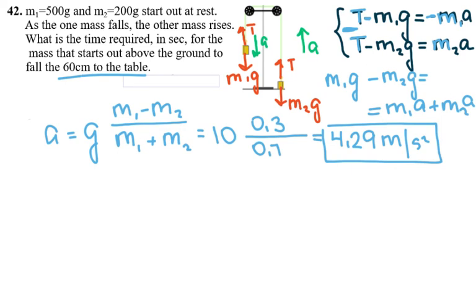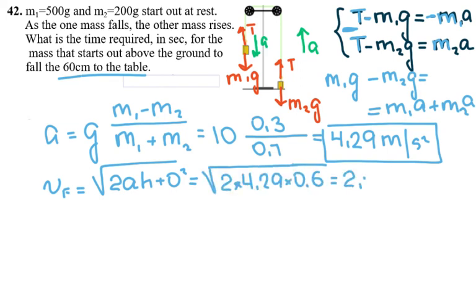The final velocity is equal to the square root of 2 times the acceleration that I found times the distance, plus the initial velocity squared, which is 0. So my final velocity is going to be equal to 227 meters per second.